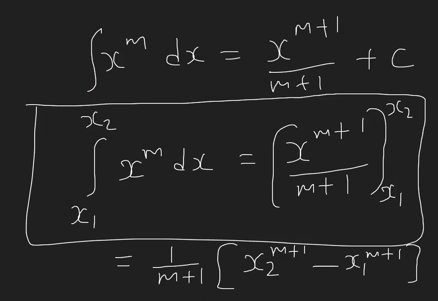That's the only difference. When we are writing indefinite, we are using C, the integration constant. When we are writing definite, we are not using C, no need of integration constant. That you have to remember here. Definite means we have limits, lower limit, upper limit.